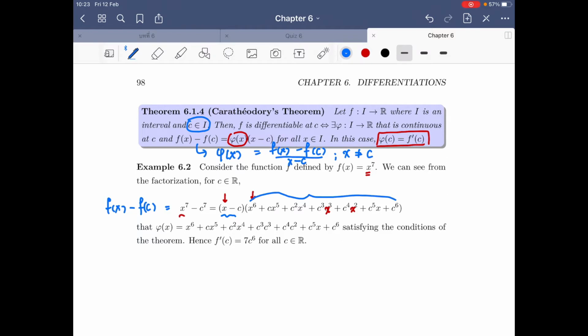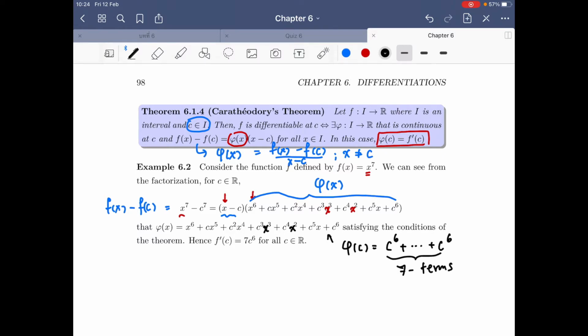Of course this polynomial is immediately continuous, so we can regard this as your phi(x). So phi(x) can be x^6 + c x^5 + c^2 x^4 + c^3 x^3 + c^4 x^2 + c^5 x + c^6, which is of course, if we take phi at c, you get c raised to the power 6 added together for 7 terms.